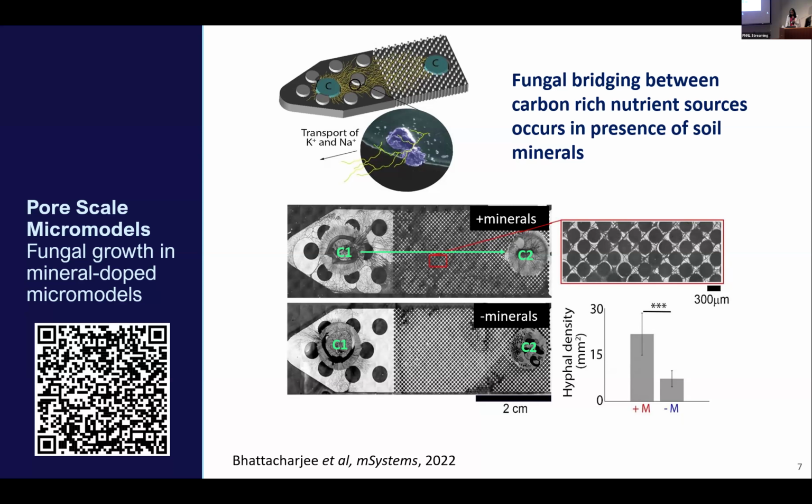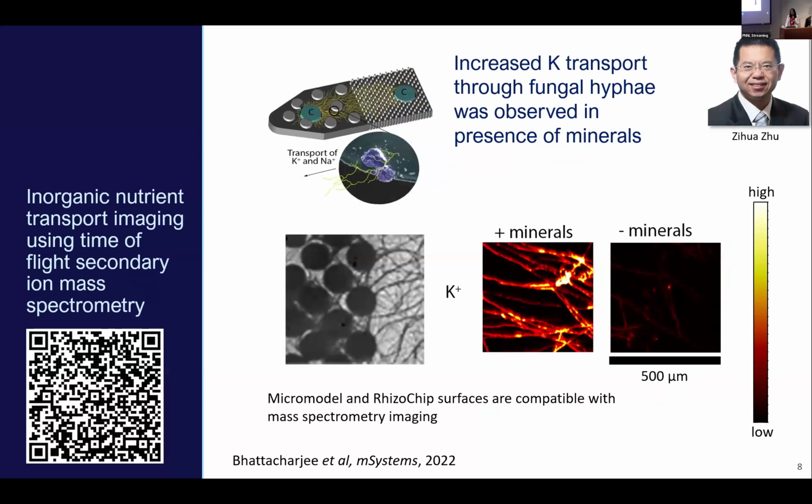And so in this particular platform, we were tracking fungal growth, where the fungi is growing from one carbon hotspot, C1, to C2, bridging these two hotspots through these soil-like pores. And then we characterized the fungal hyphae using different types of mass spectrometry techniques.